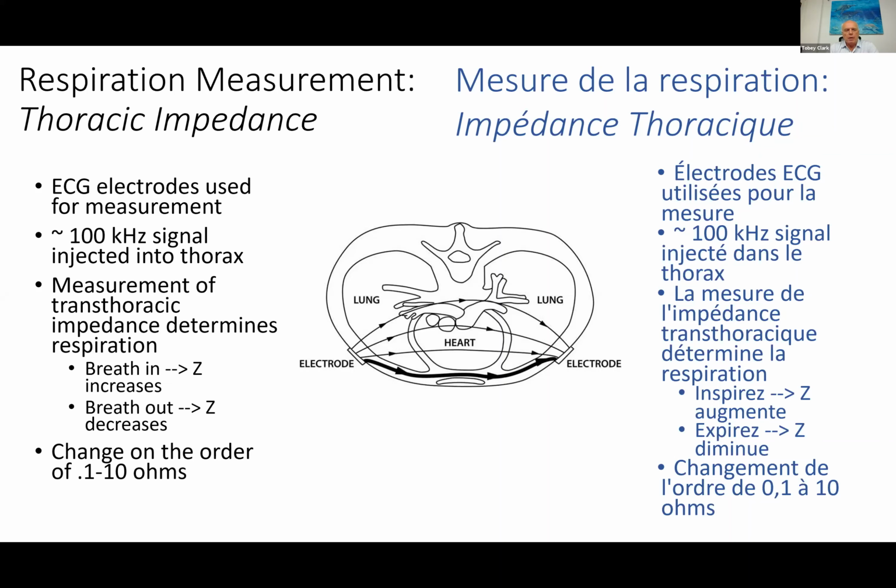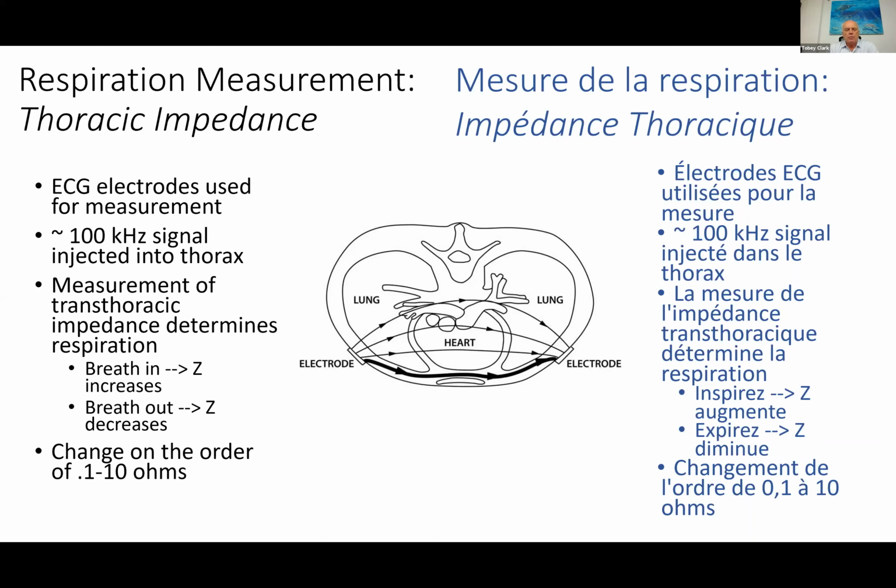But what you're trying to measure is when you breathe in, the impedance of your lung goes up. When you breathe out, it decreases. So you can measure not really the amount of ventilation, but the respiratory effort that you're doing. If you stop moving your chest and your lungs, then there'll be an alarm.